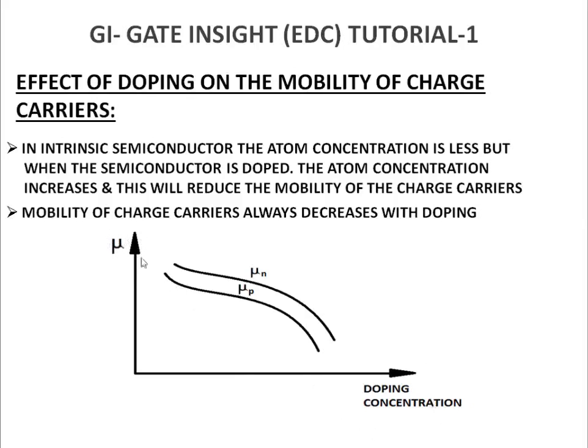So use the mobility as it is given in the question. But in the theoretical aspects, yes, as the doping concentration increases, the mobility is going to reduce for both hole mobility and electron mobility.